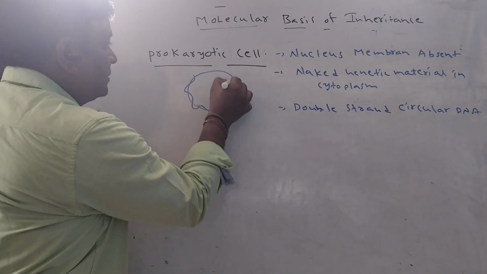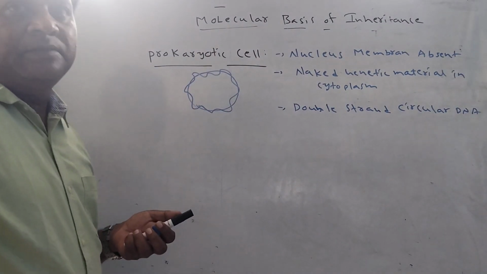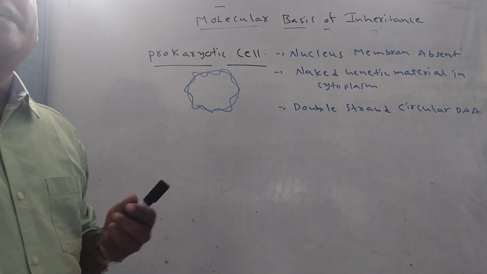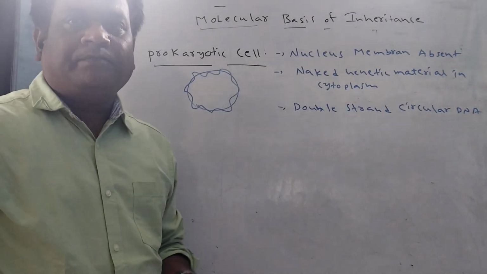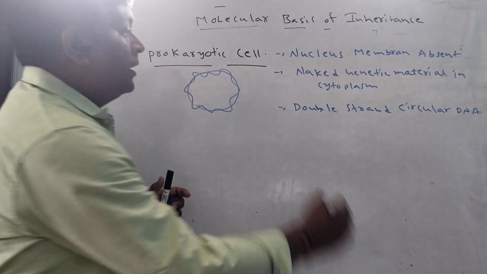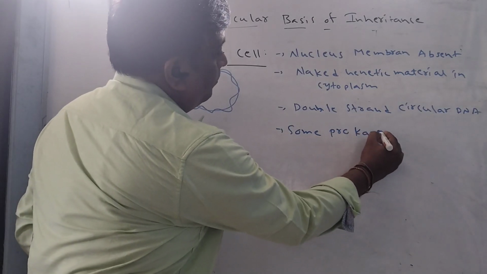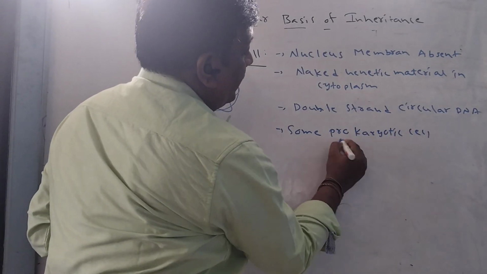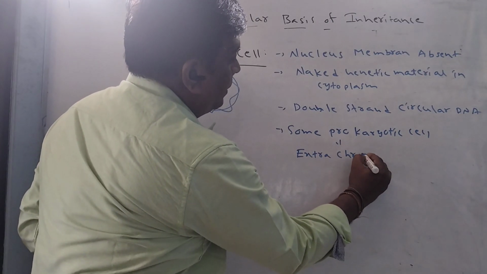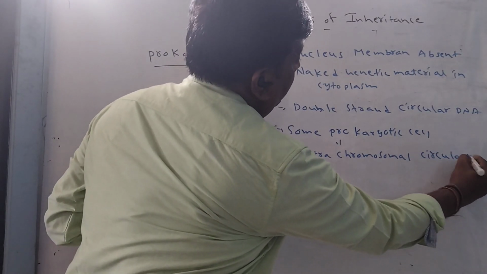Also, in some prokaryotic cells, not all, extra-chromosomal circular DNA is present.